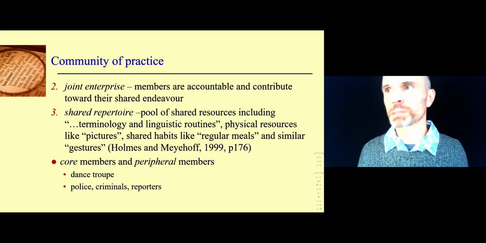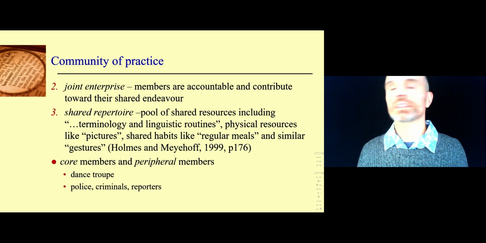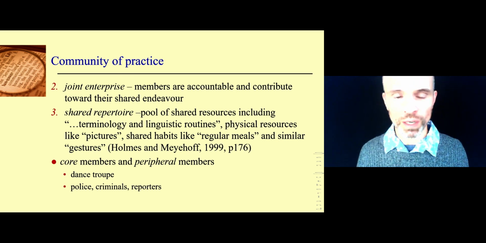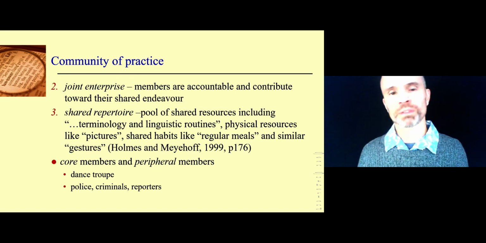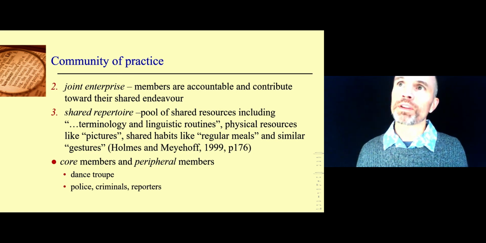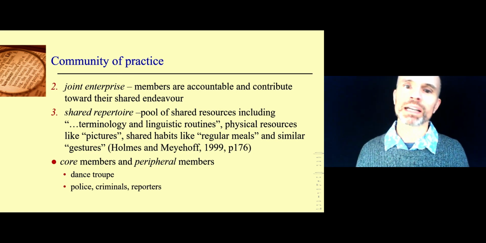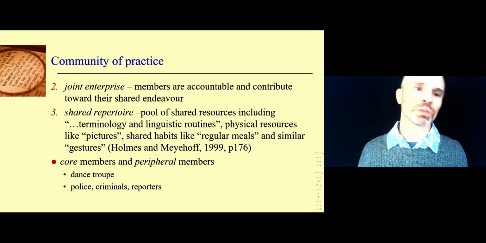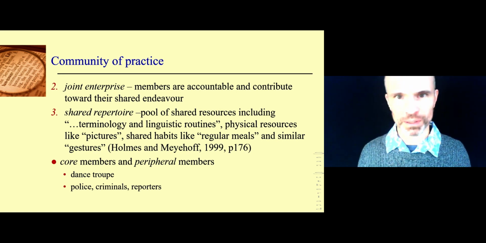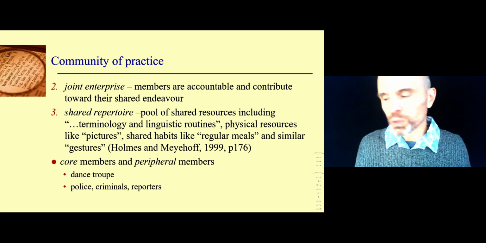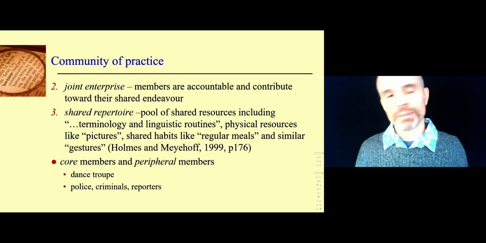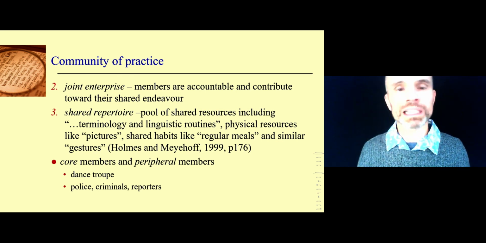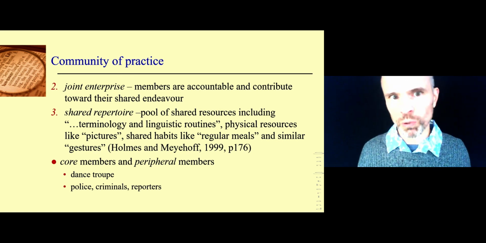They'll talk about perps instead of perpetrators, and unsubs instead of unknown suspects, and so on. They use the language, the jargon of the police as peripheral members. They don't have the full joint enterprise. The reporters aren't there to capture criminals, but they're part of the process of policing criminal behavior, in that they report on it.